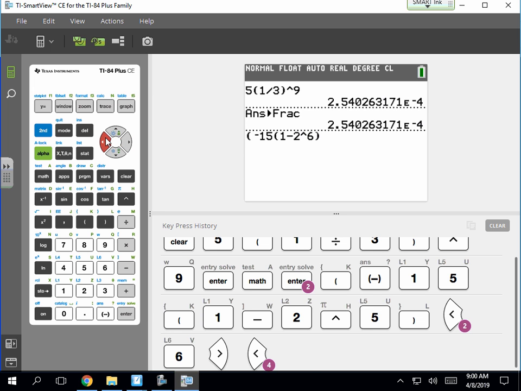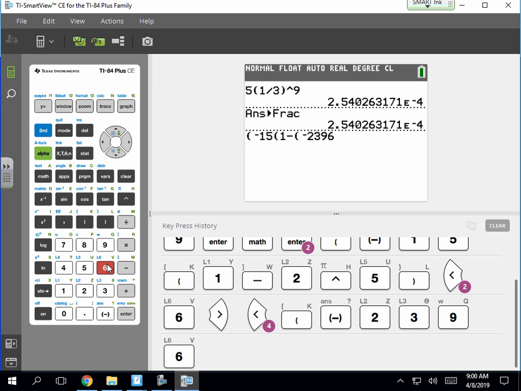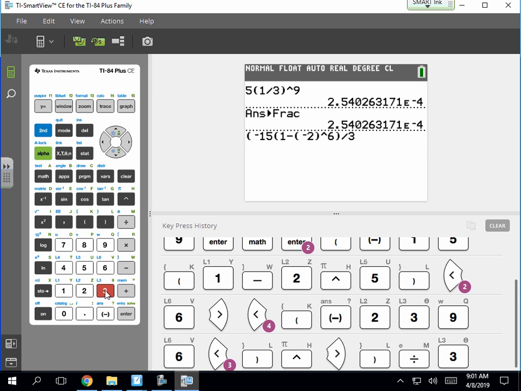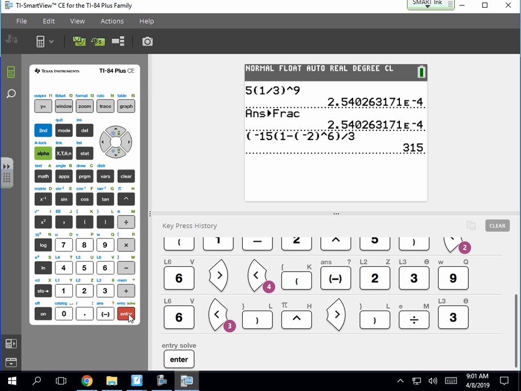So I already botched that up. So negative 2, no, oh shoot, now it's off. That's the bummer. Negative 2 to the 6th, and then I need to end my parentheses. Okay, so it's negative 15, 1 minus negative 2 to the 6th. If I got all the right parentheses in there, we'll know in just a minute. Divided by 1 minus negative 2, which is just 3. You get 315.